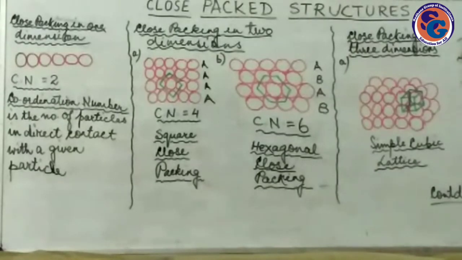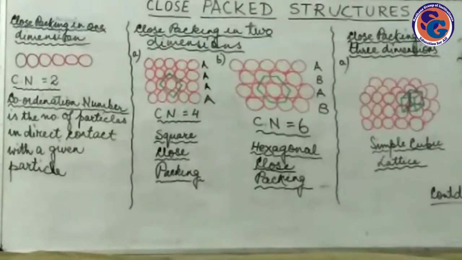And because of this, if you consider any particular particle, you'll see that it is in direct contact with 6 other particles: 2 particles on its own row, 2 particles in the layer below it, and 2 particles in the layer above it. So the coordination number in this type of close packed structure is 6.